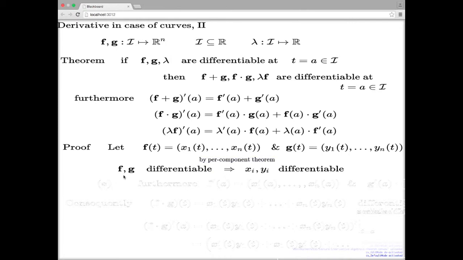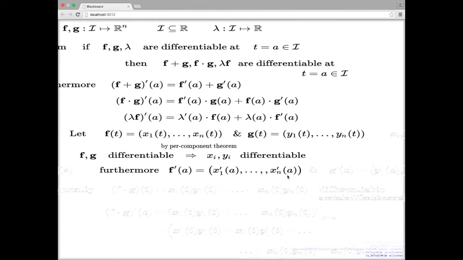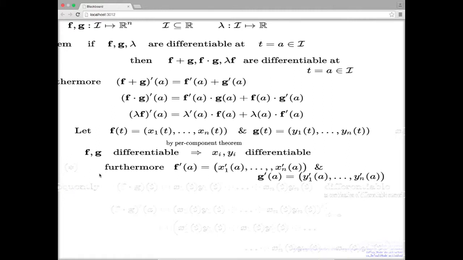Furthermore, again from this per component theorem, I know that the derivatives of f and g will be like this. So let me just check it now.